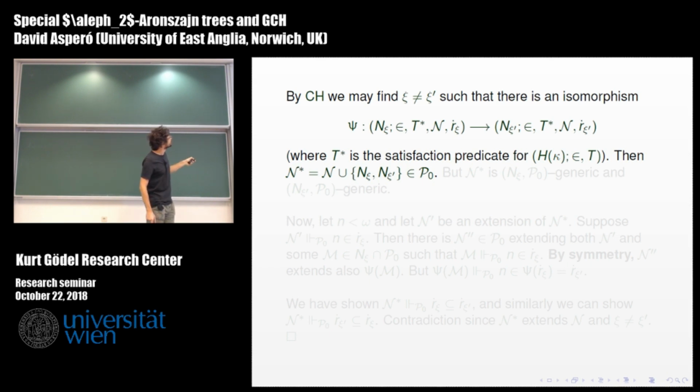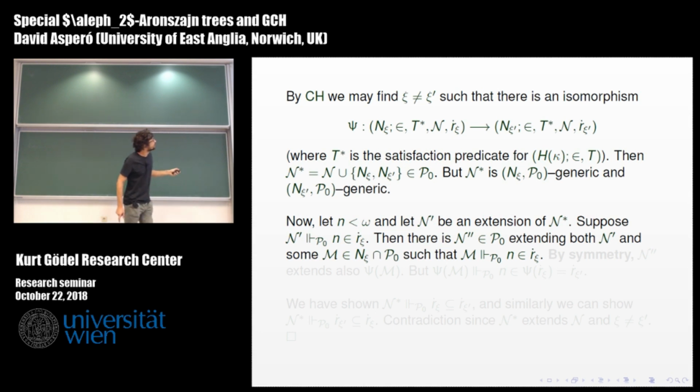And also, I can take that there's an isomorphism between these two structures when I throw in a predicate for this name and a satisfaction predicate for this structure, some predicate using which I can define the forcing.